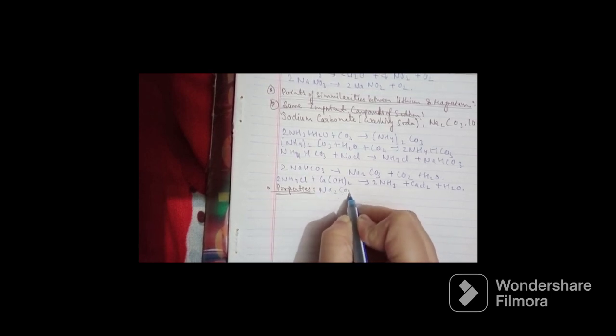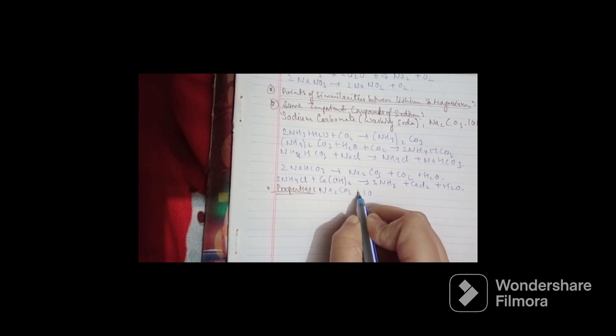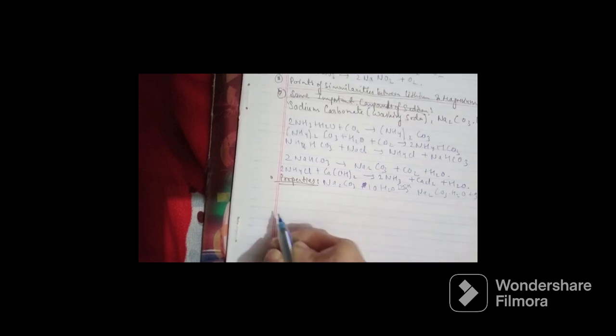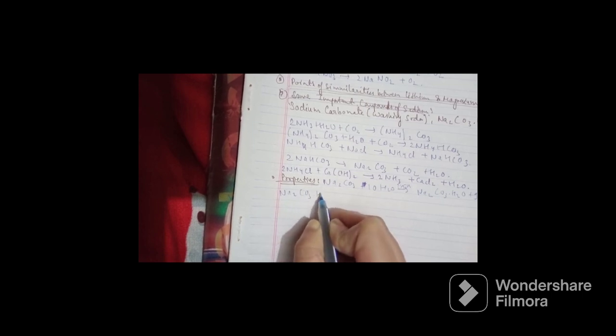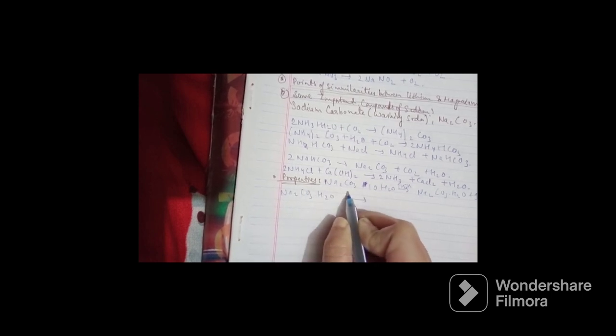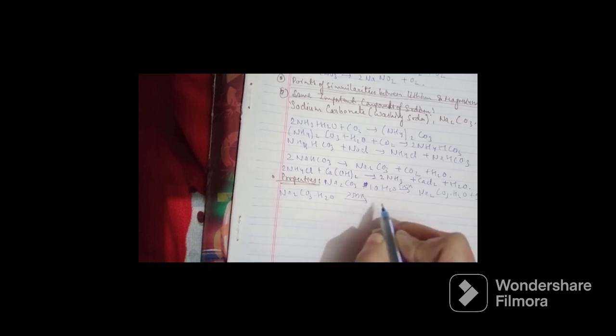Na2CO3.10H2O will give, at 375 Kelvin, Na2CO3.H2O plus 9H2O. Then at 373 Kelvin, Na2CO3.H2O gives Na2CO3 plus H2O.